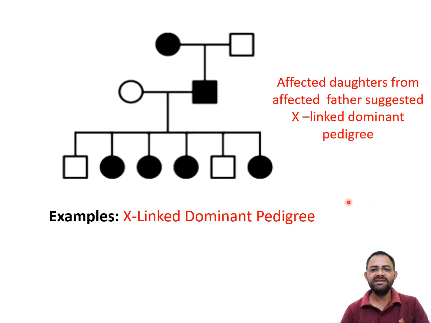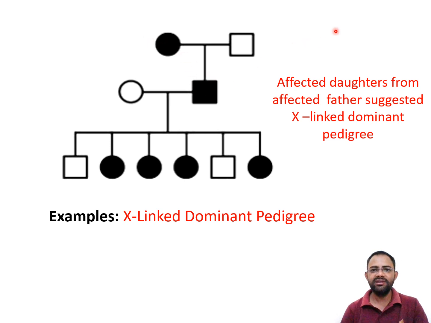Now look at the example of the X-linked pedigree. In this pedigree, firstly, the traits appear in all generations. And secondly, the female parent is affected, having an affected son, means the affected son is coming from the affected mother.